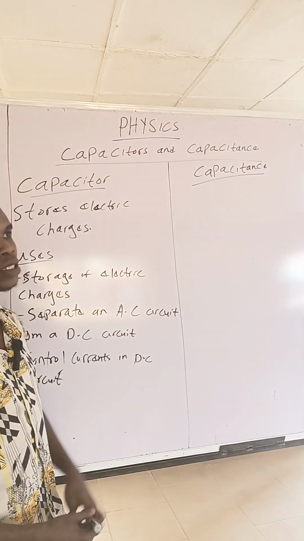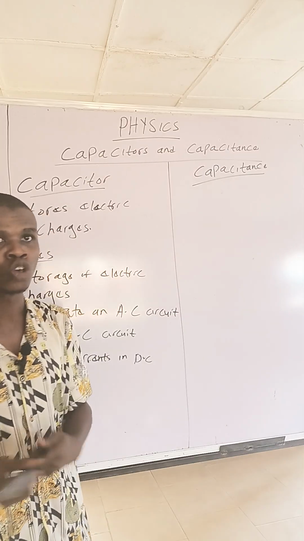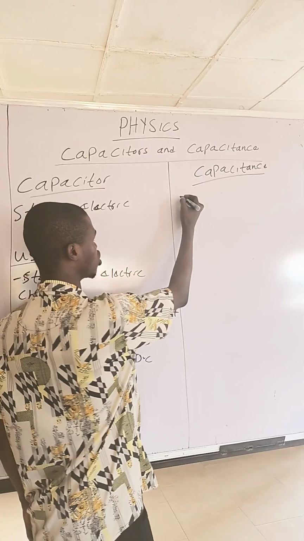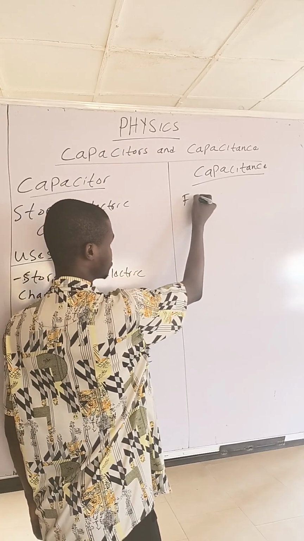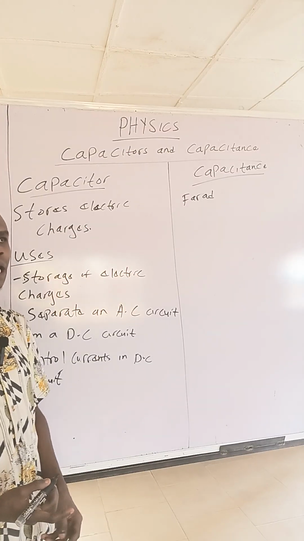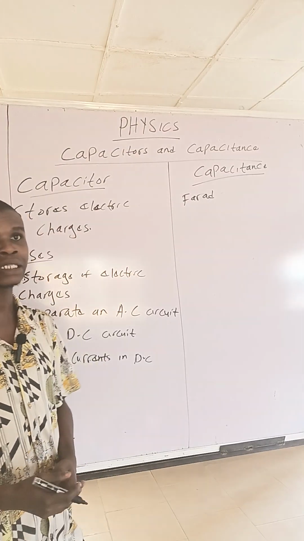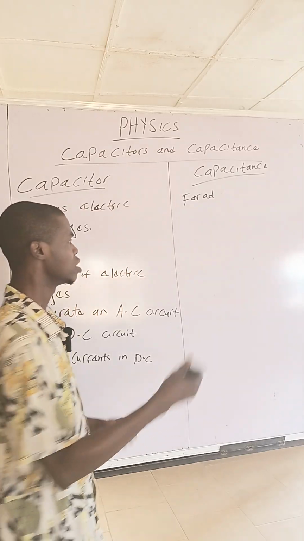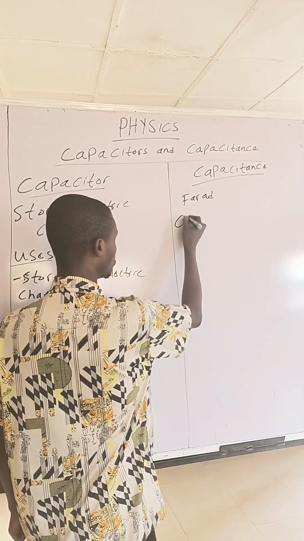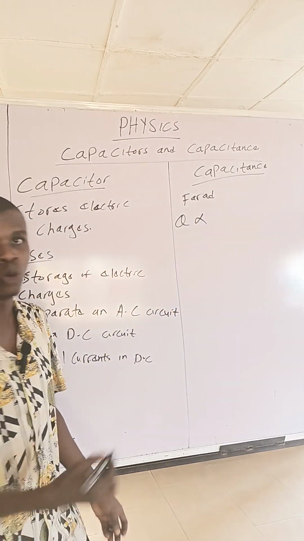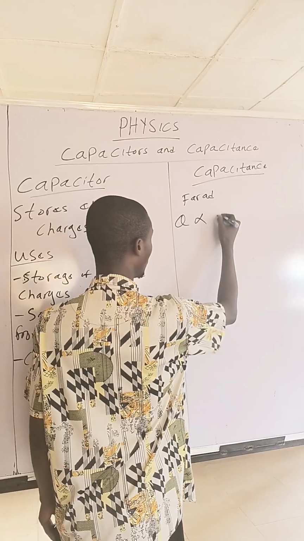Capacitance can be measured, and its unit is called the farad. It can also be defined mathematically: electric charge Q is directly proportional to the potential difference or voltage.